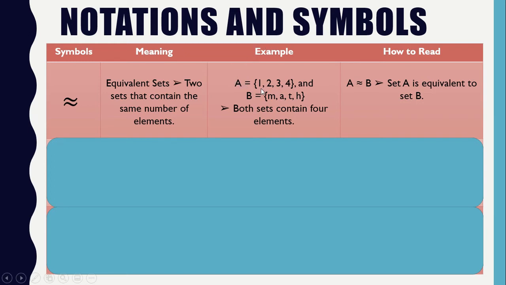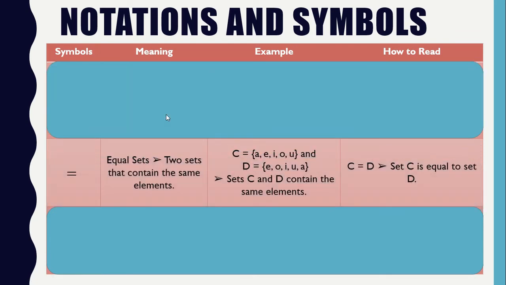Set A comprises the elements 1, 2, 3, and 4, and set B comprises the elements M, A, T, and H. We can see that both sets contain 4 elements. Therefore, we can say that set A is equivalent to set B, and this is the symbol. Easy. Equivalent set means the two sets contain the same number of elements.